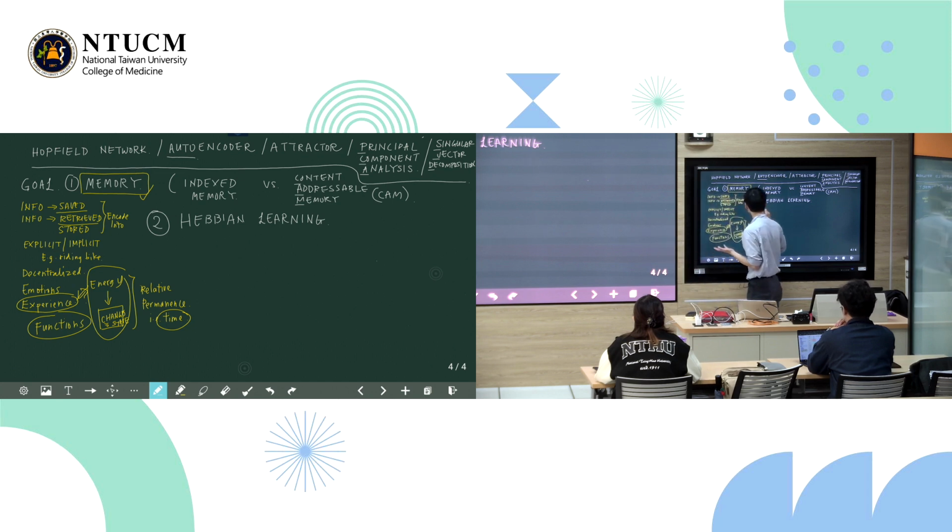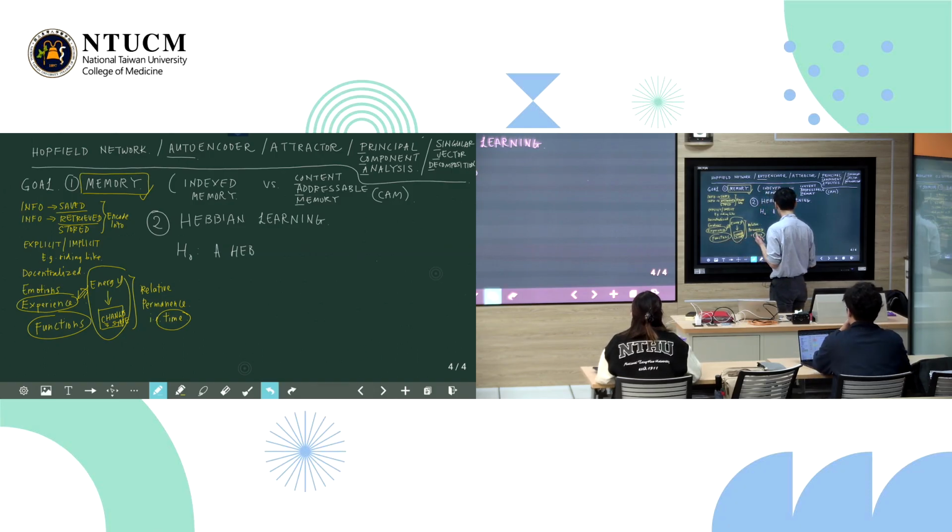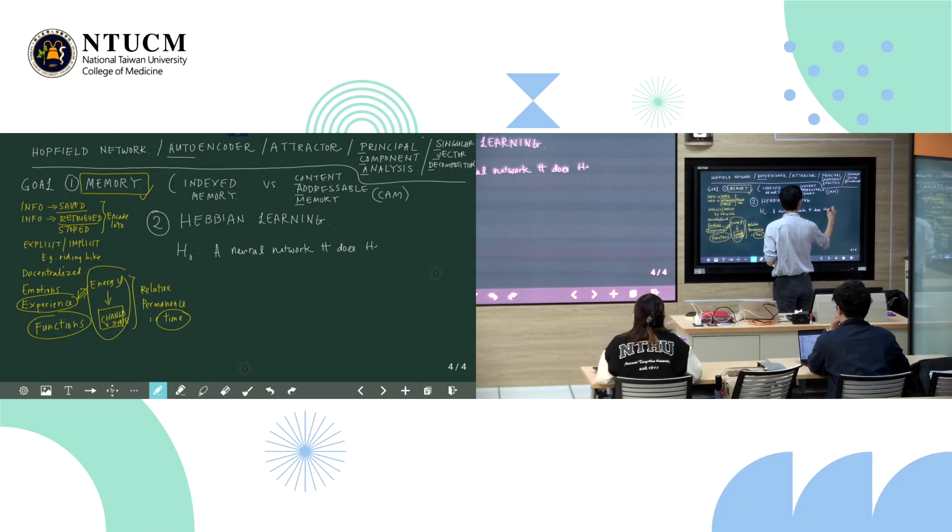So the hypothesis here is that a neural network that does Hebbian learning does content addressable memory.